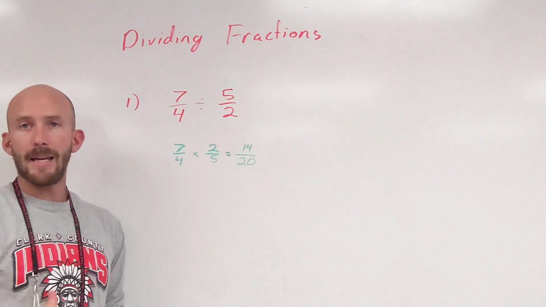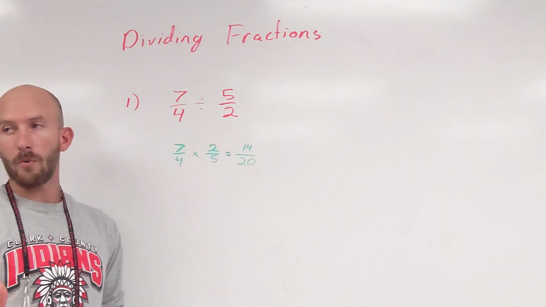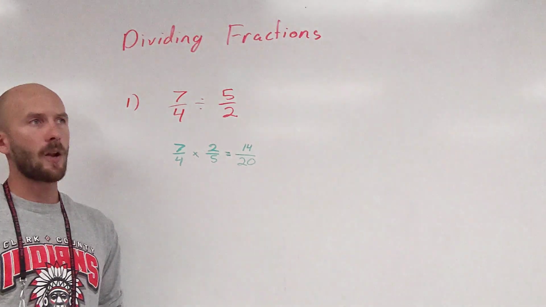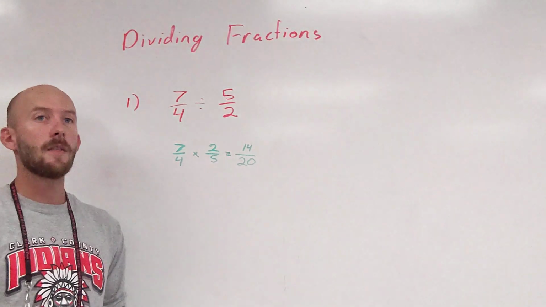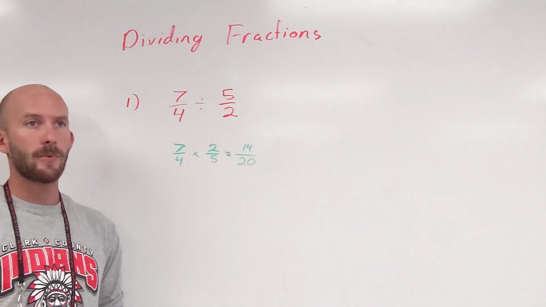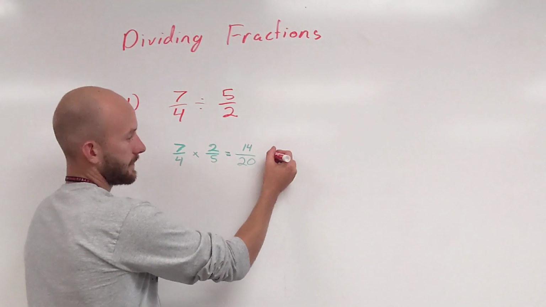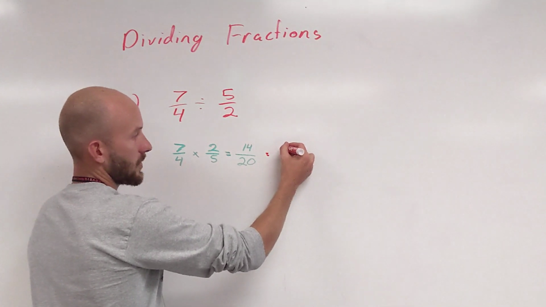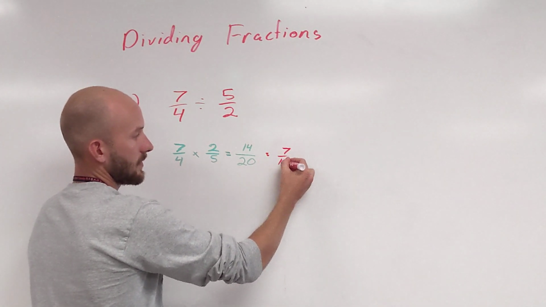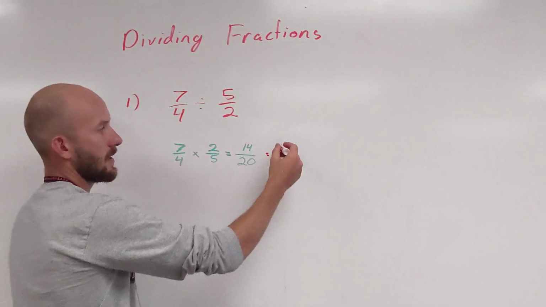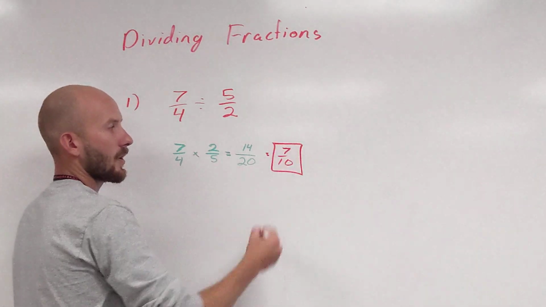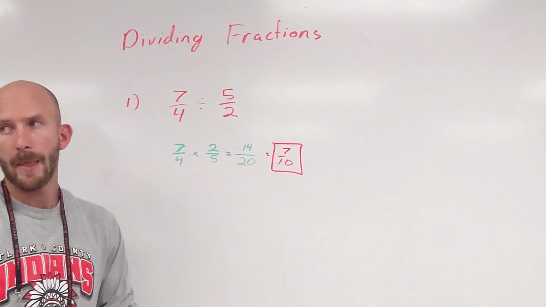And then really make sure that we reduce. Most of the mistakes that I've seen on the adding and subtracting worksheet and the multiplying worksheet were from not reducing. Those are both divisible by 2. 14 divided by 2 is 7. 20 divided by 2 is 10.